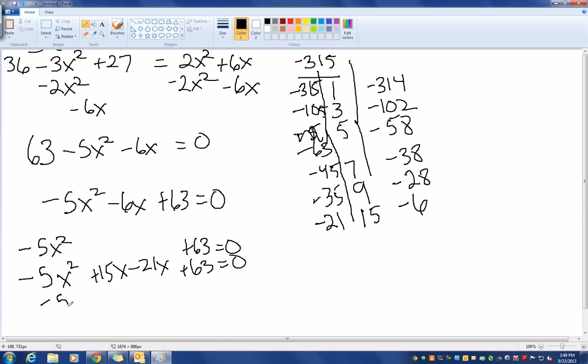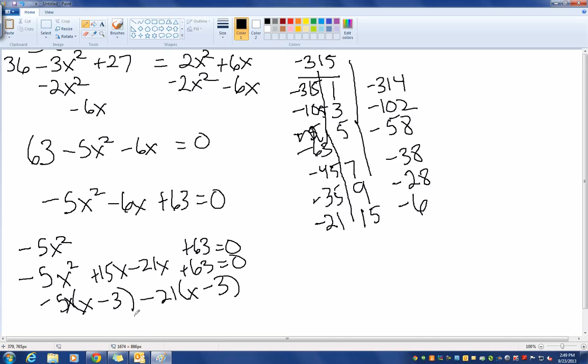This becomes negative 5x times x minus 3, and this becomes negative 21 times x minus 3. We have to watch for the sign here. It's a little bit complicated. Negative 5 times negative 3 gives you positive 15. Negative 21 times negative 3 gives you positive 63.